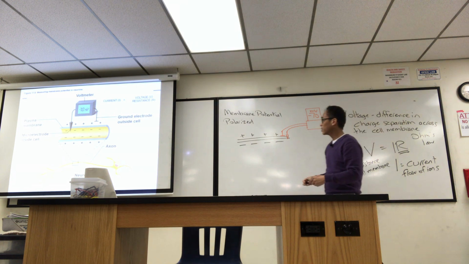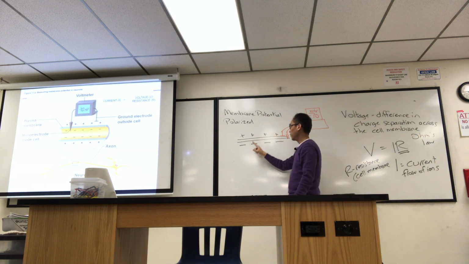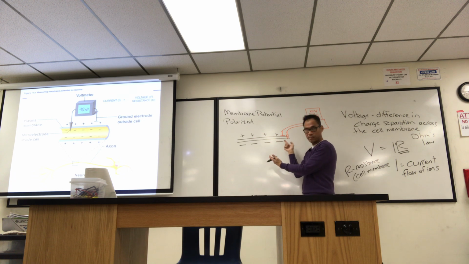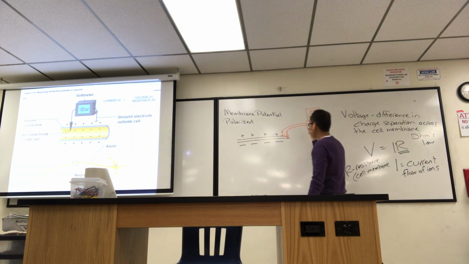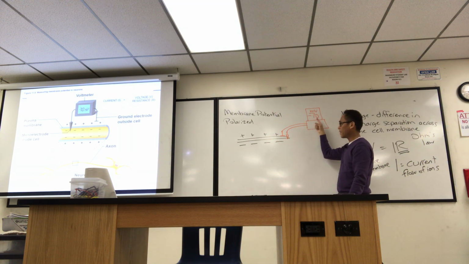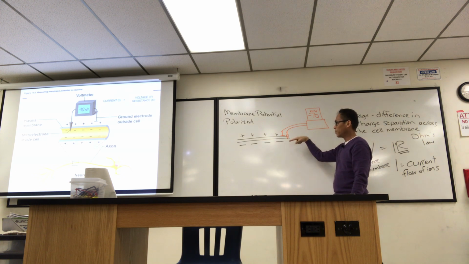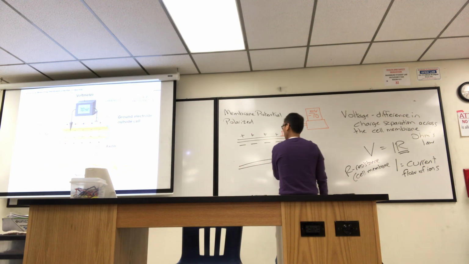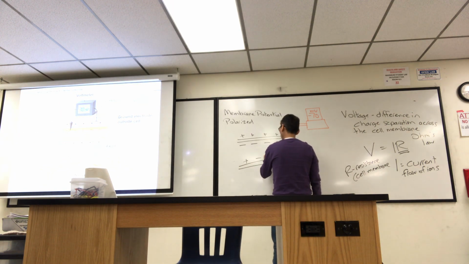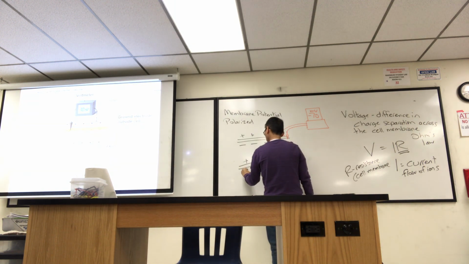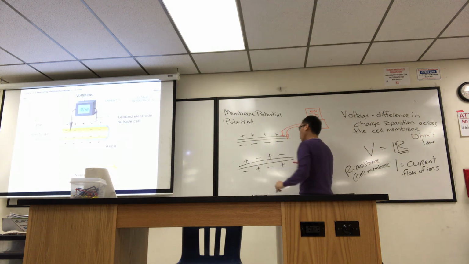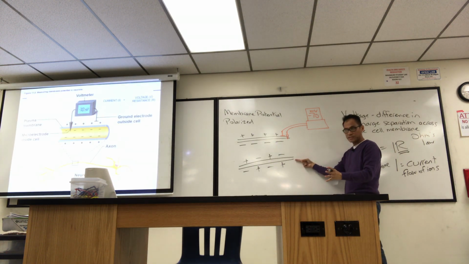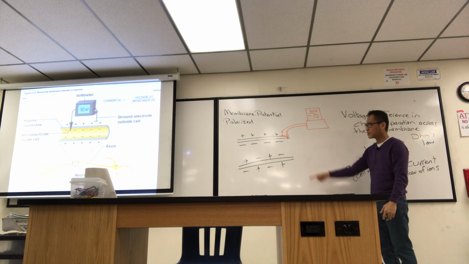And so we call this polarized because this is not equilibrium, right? This is negative 70. If you want that to read 0, you have to make it, I did this before. Okay, that would be 0. That would not be polarized. And most non-excitable cells, this is kind of what you see.